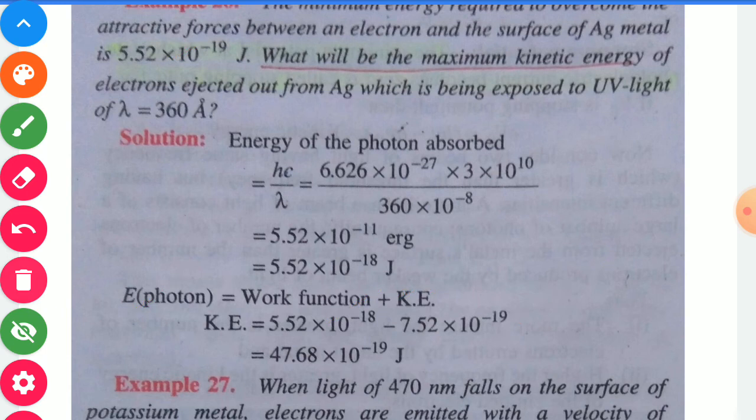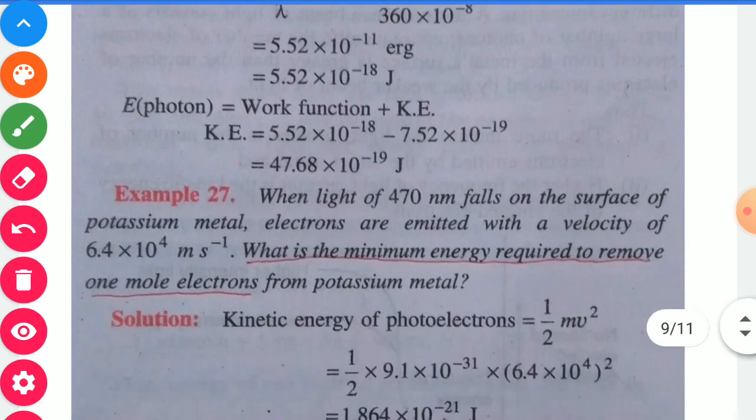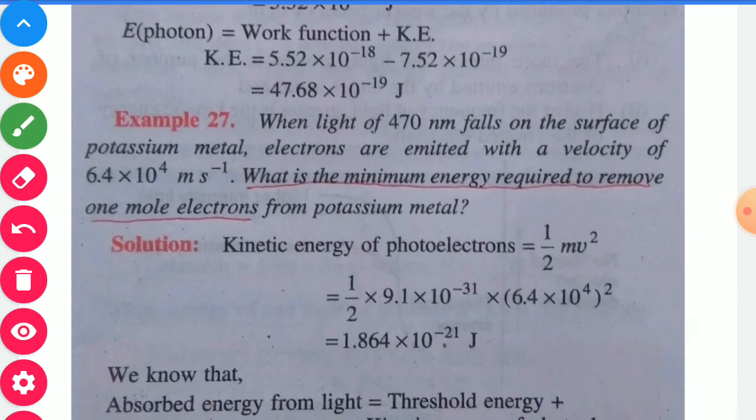Now the next question: when light of 470 nanometer falls on the surface of potassium metal, electrons are emitted with a velocity of 6.4 × 10^4 meter per second. What is the minimum energy required to remove 1 mole of electrons from potassium metal?